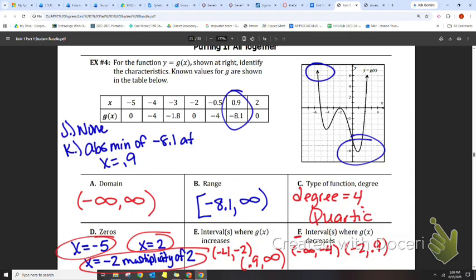L says how many points of inflection are there and how do you know? Well, remember, one way is we can count our little maximums and minimums. There's 3, and so we know the points of inflection are going to be 1 less, so we know that there are 2 points of inflection.